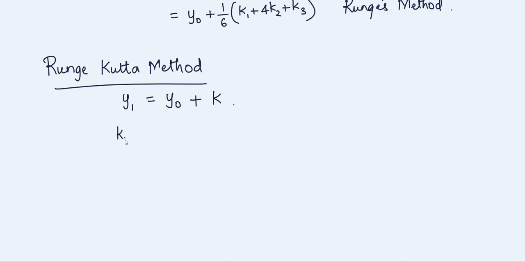For this, the first step is k1 is h times f of x0, y0. Next, k2 is h times f of x0 plus h by 2, comma y0 plus k1 by 2.